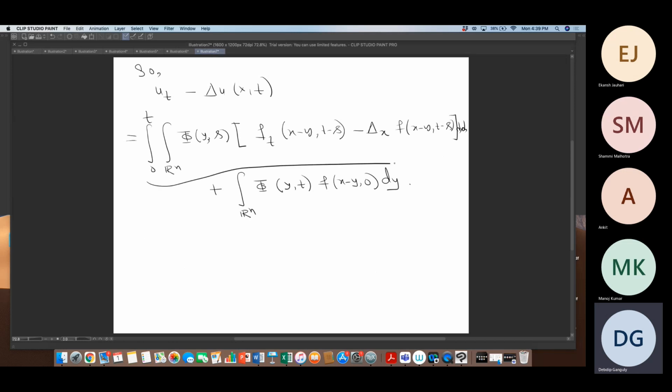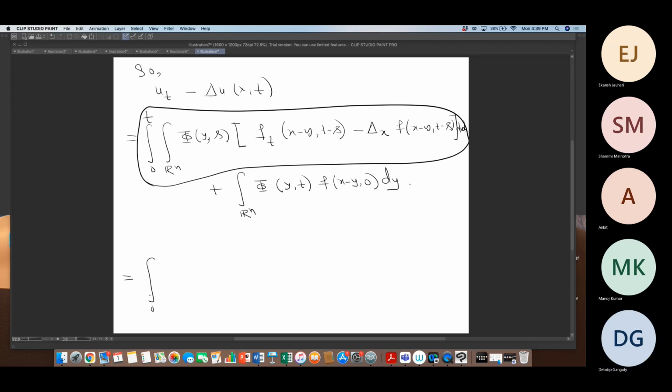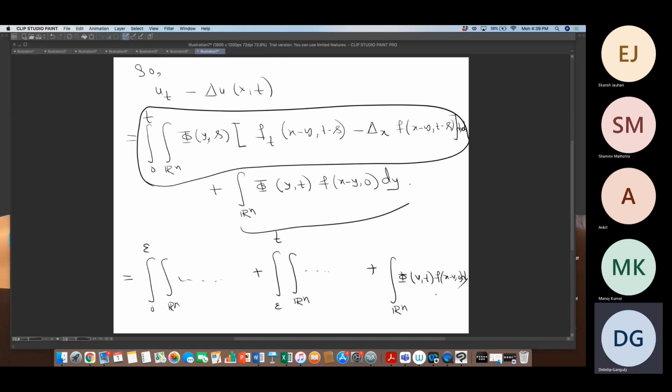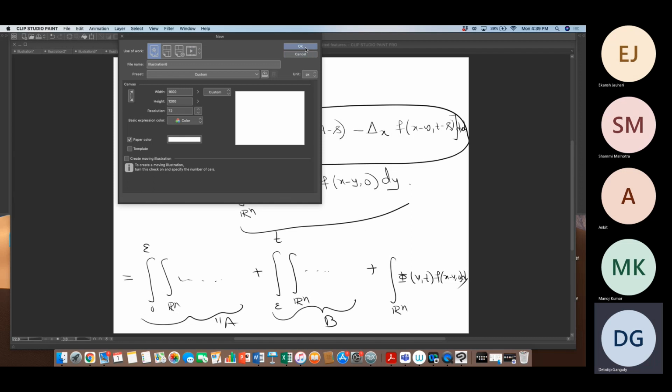Now this integral I will break in two parts: 0 to epsilon over Rn, plus epsilon to t over Rn, plus this integral. This part you write down as A, this is B, and this is anything.